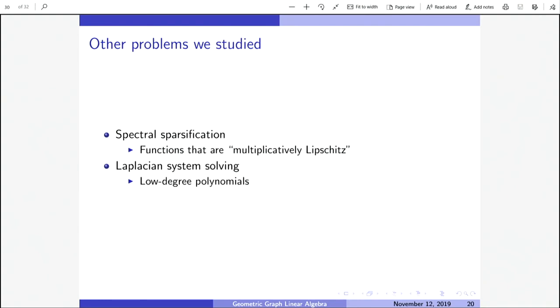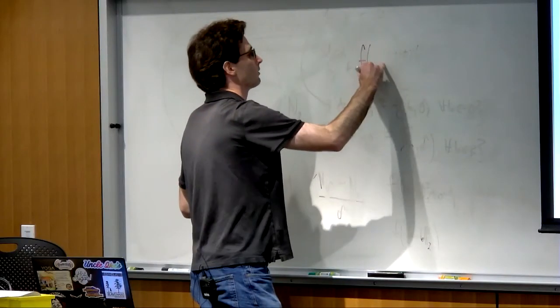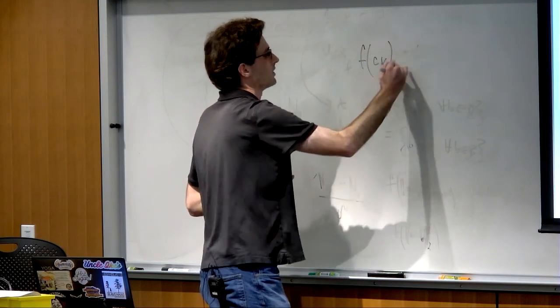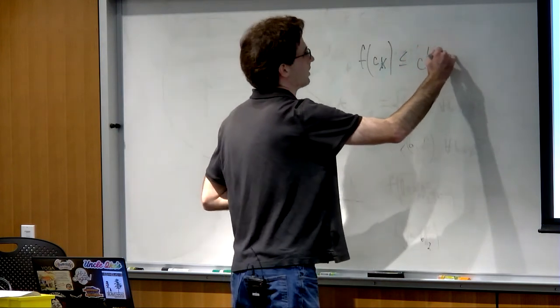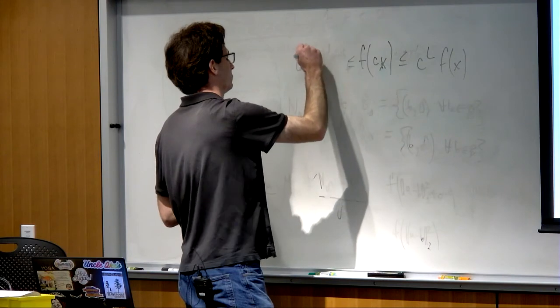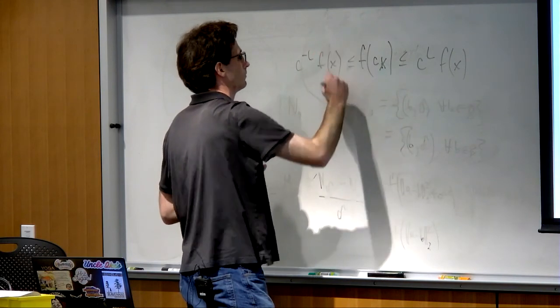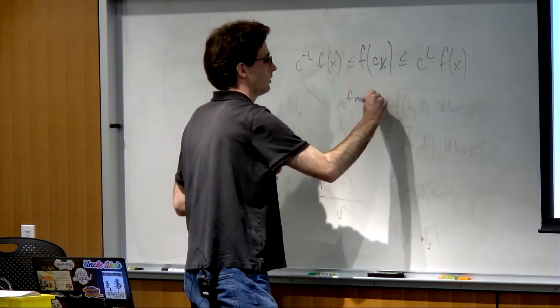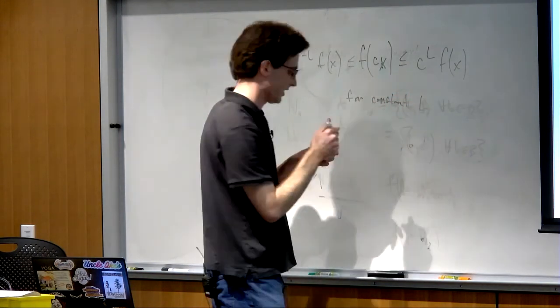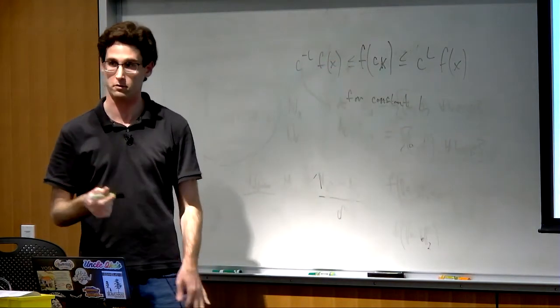These are functions where for any constant c, f of cx is at most c to the L times f of x. We show that if this is the case for your function, then you can sparsify it efficiently.